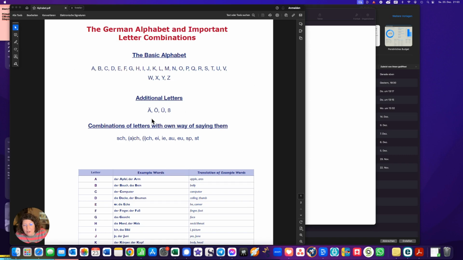So now in German, we have a couple of additional letters, and these are actually four, and now I want to go through them. So the first one looks like an A with two dots. We call it ä, by the way, how you also pronounce it in most of the cases, or there's another way of referring to this. This is umlaut.